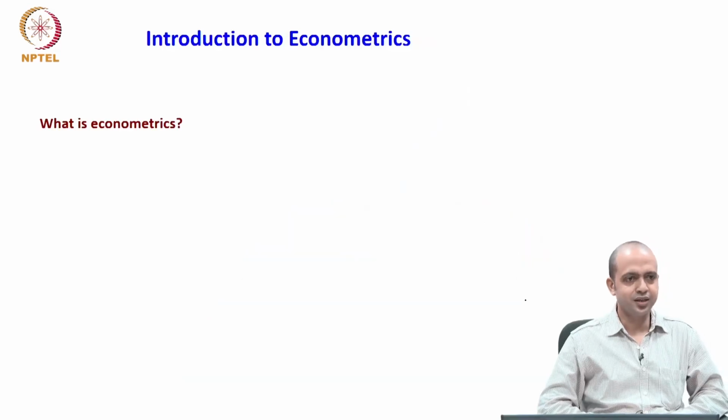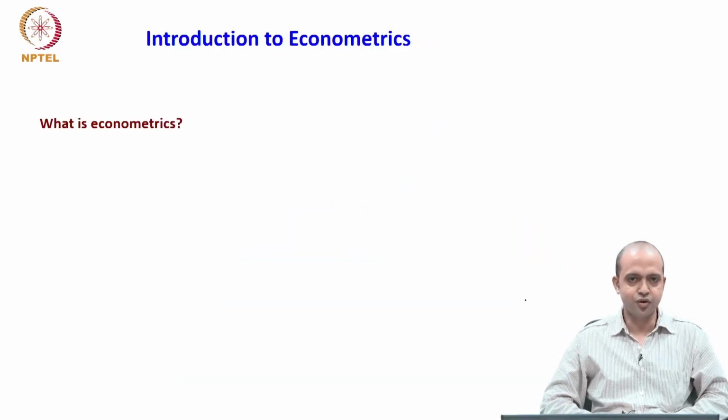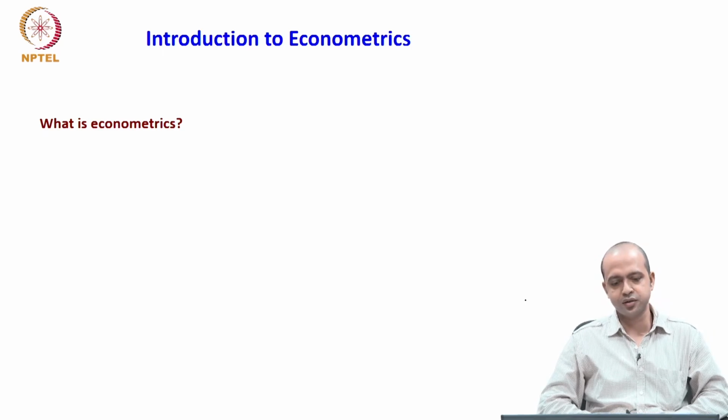So, before we discuss in detail about what are the different types of econometric models, let us first try to understand what exactly is econometrics, what is the meaning and definition of econometrics.